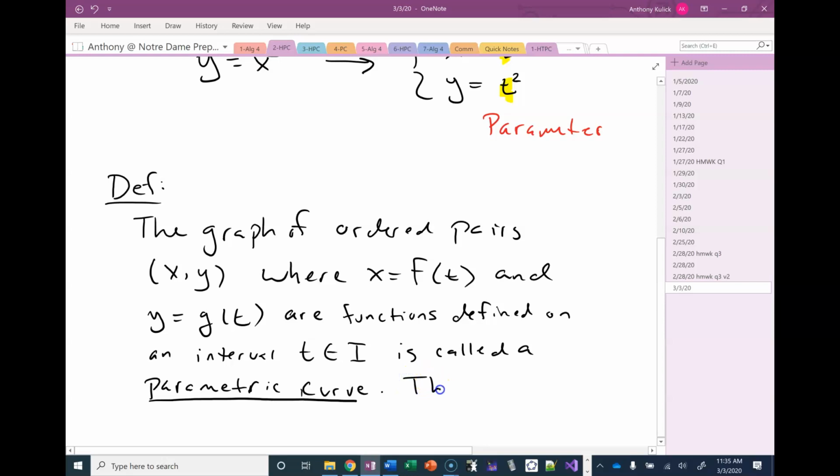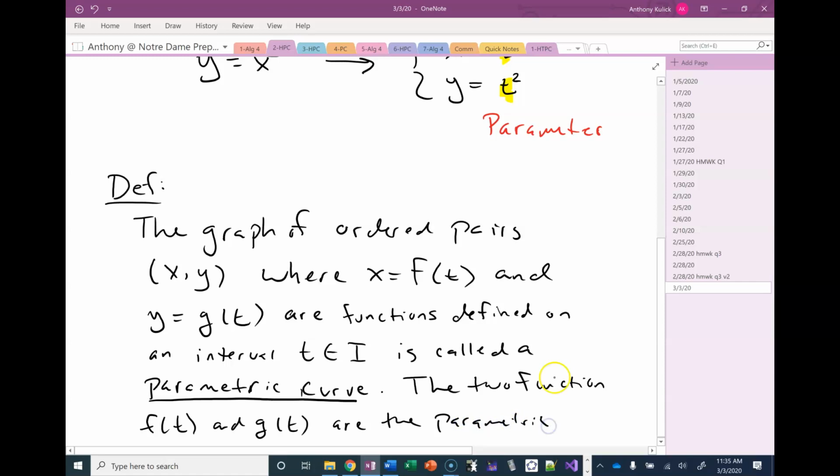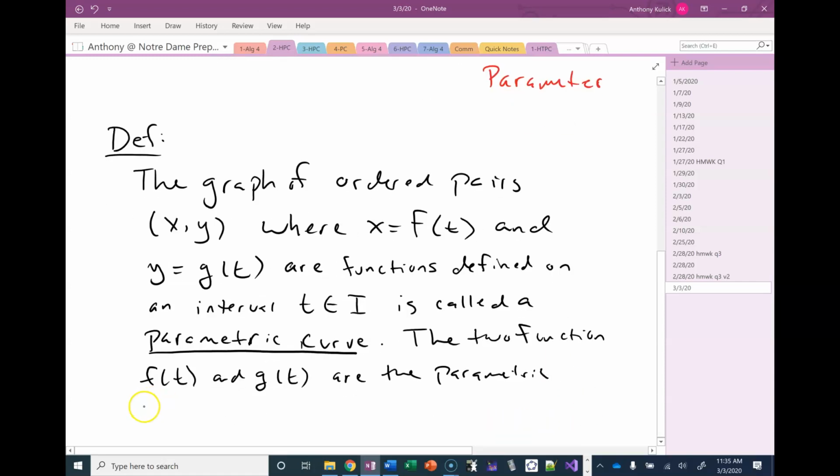And we say that the two functions, f of t and g of t, are the parametric equations for that curve. And we say that the variable t is the parameter.